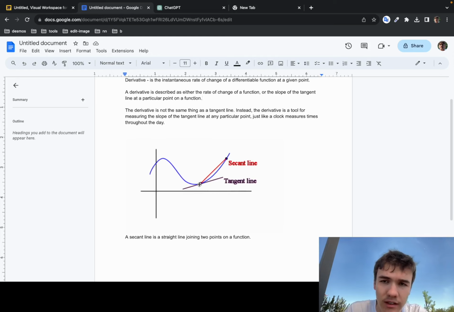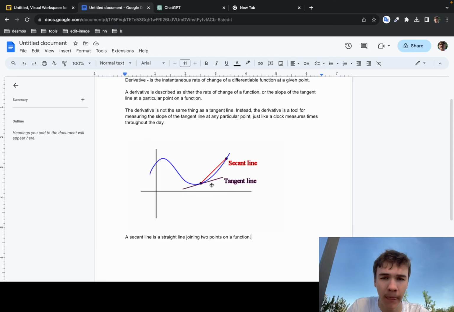The secant line is a straight line joining two points on a function, while the tangent line is the line which has just one point, and it represents the actual derivative.